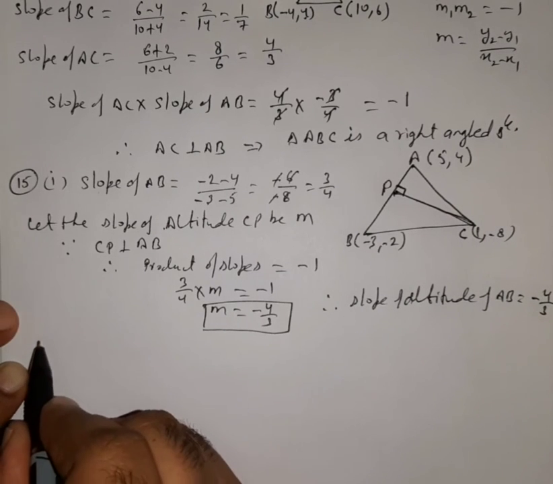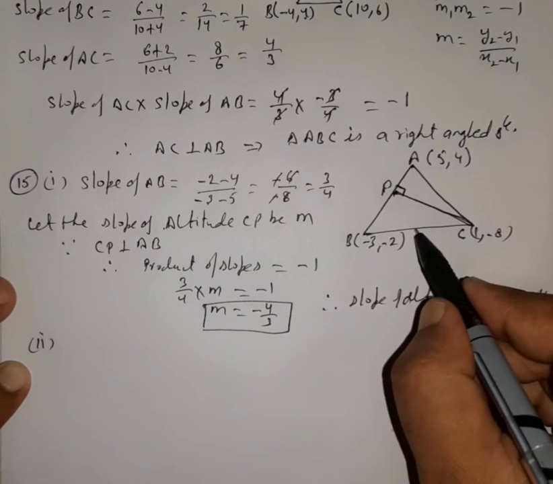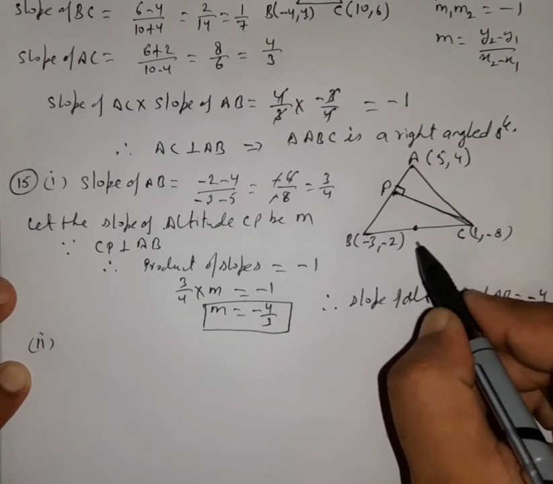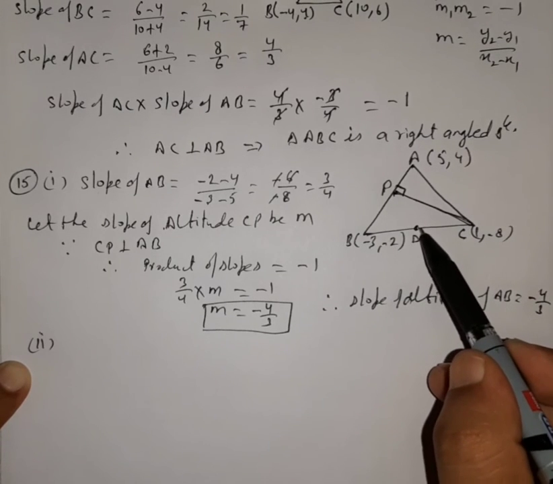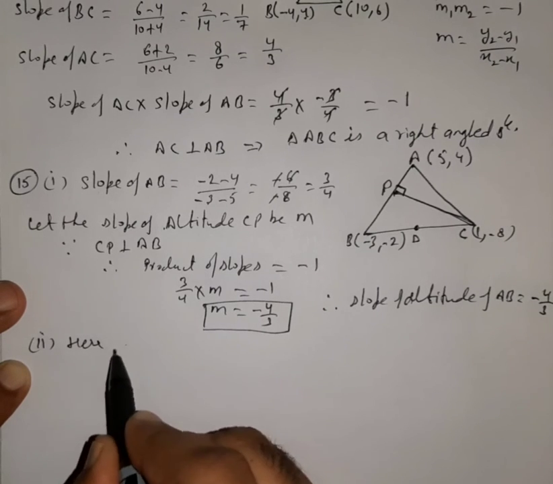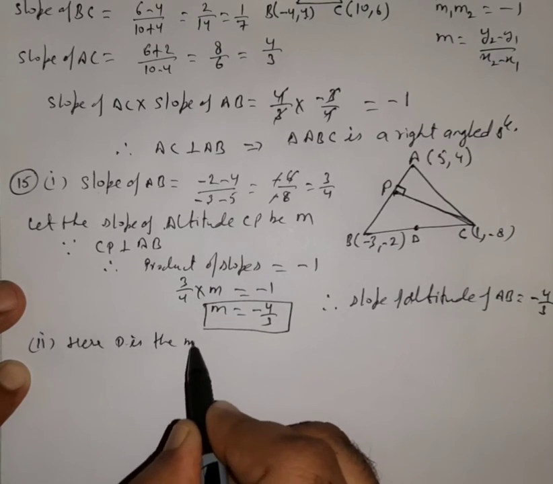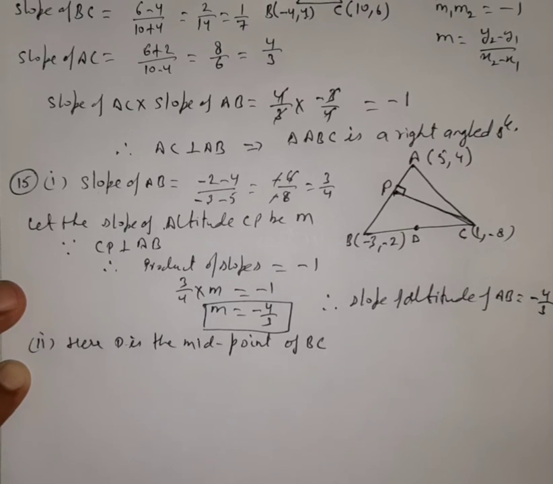Now in the second part we have to find the slope of median AD. Median means the line that is joined to the midpoint of BC. Let us say that this point is D. For this we will first find the coordinates of D. D is the midpoint of BC.